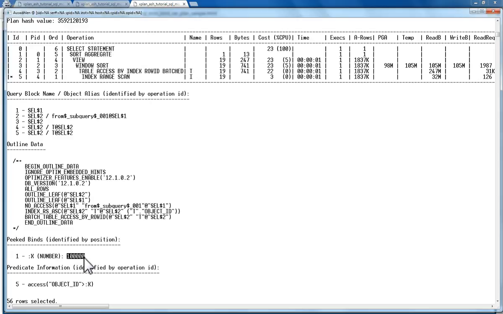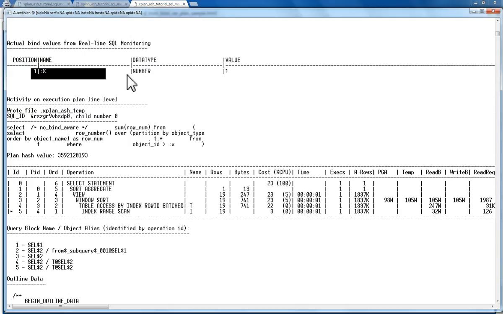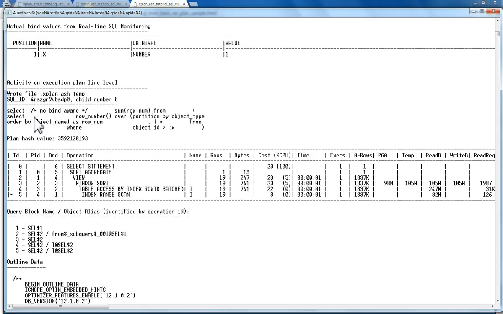This was the value that the optimizer used to generate this execution plan, and this is the actual value used for the bind with the name X at position 1. For this bind X at position 1, 100,000 was the value used by the optimizer. So usually if you have a bind variable peeking problem, these two are the crucial parts you need to understand what might have gone wrong.